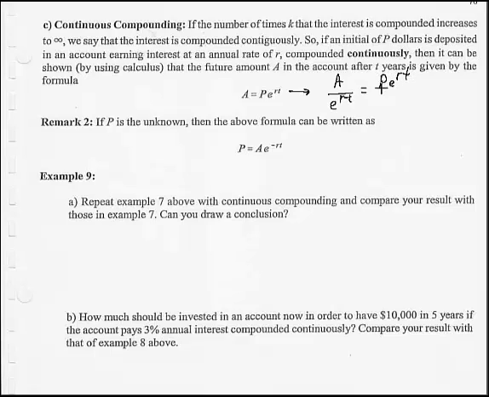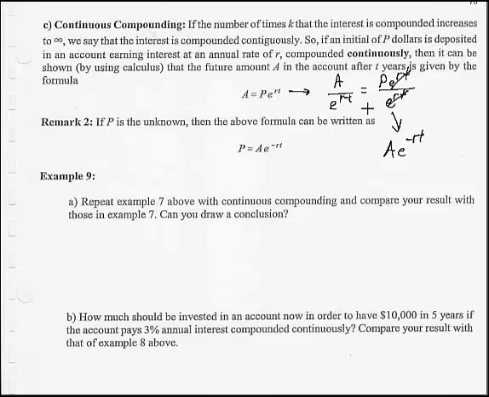If we want to solve for P, so on the right, the e to the RT cancels out, and we don't get in trouble in the sense of dividing by 0, because the exponential function can never equal 0. And here we are with the e to the RT on the bottom, and this would become A times e to the negative RT.